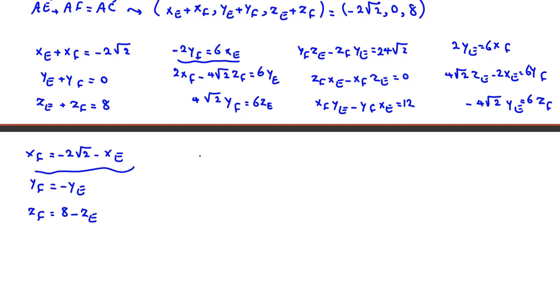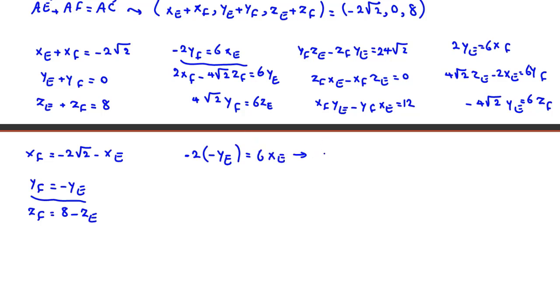Okay, so we know, or let's do something. Let me show you, this one and this one. So negative 2yf minus ye equal to 6xe. If we divide by 2, ye equal to 3xe.